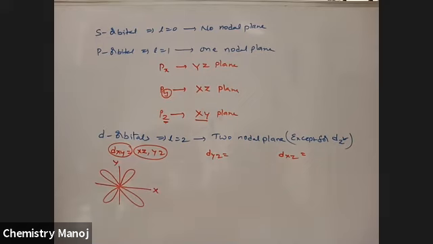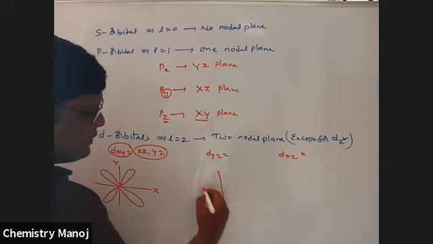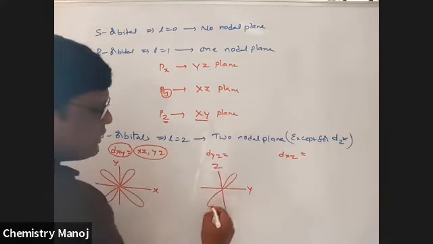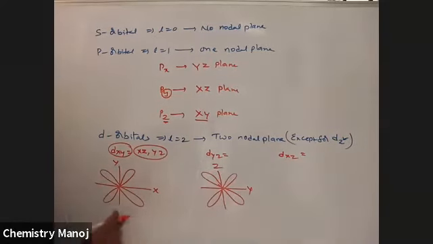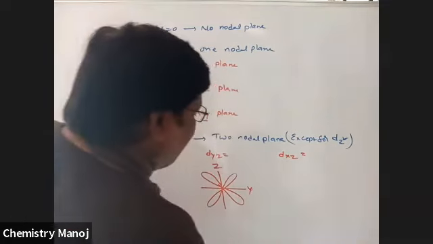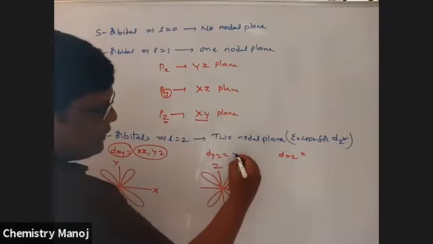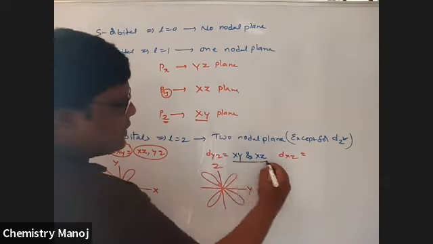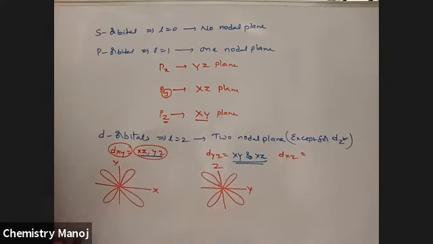Next, for dyz, if it is the y-axis and the z-axis, the electron density is between the axes, and the planes on the axes are nodal planes. That is, the xy and xz planes are the nodal planes.